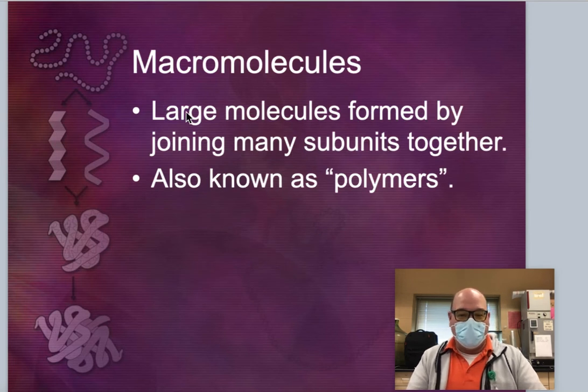So all four of these categories, carbs, proteins, nucleic acids, and lipids, are known as macromolecules, which are large molecules that are joined together. And we call those polymers as well. So macro means big, molecule, or polymers.